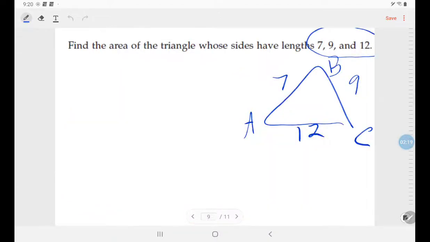So let's put that into play here. So in this case, what I'm given are three sides, which means I'm going to use Heron's formula.